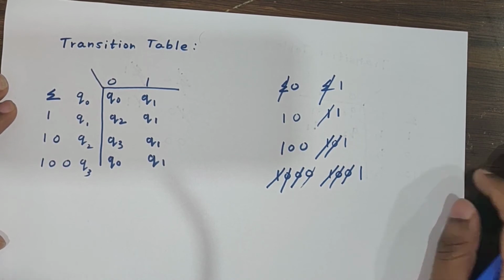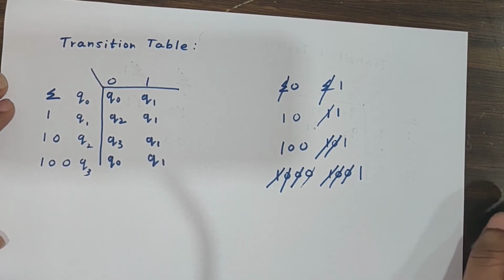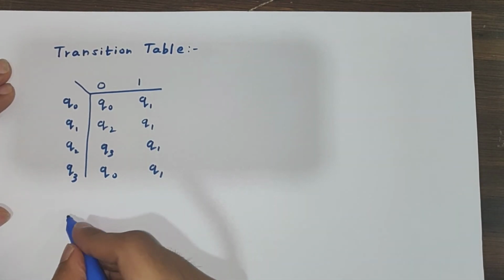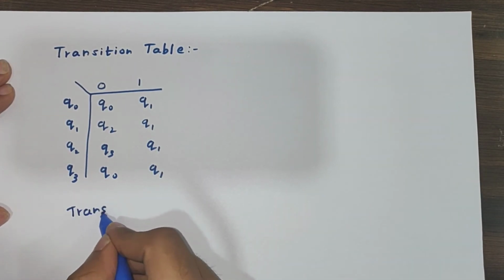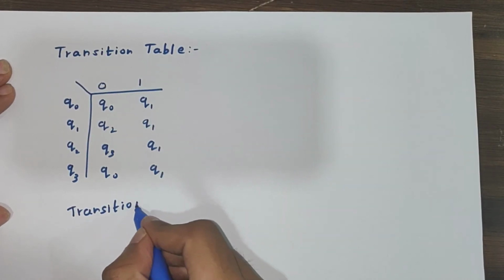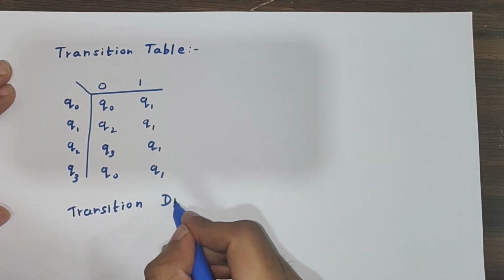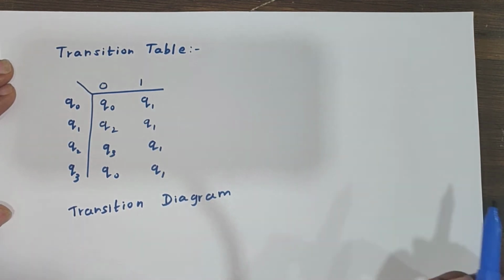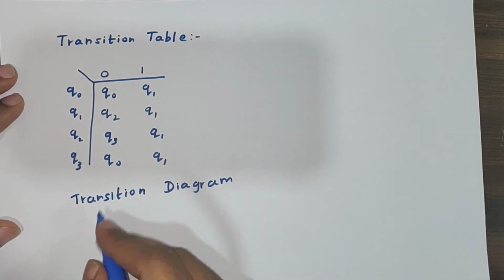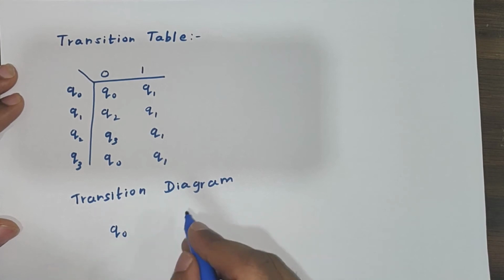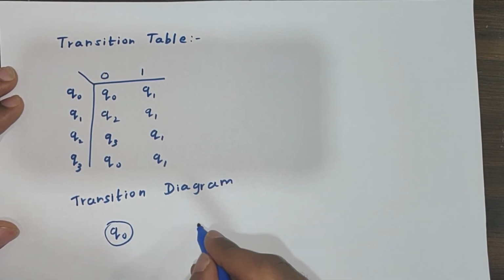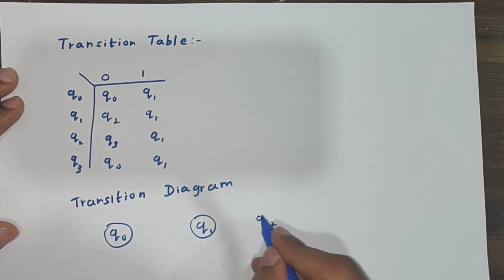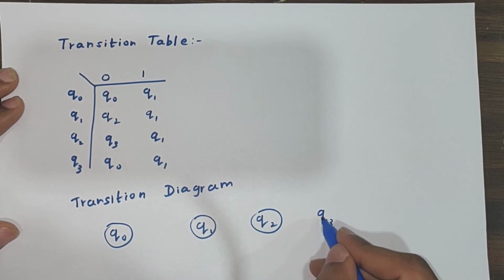With this, we can easily construct the transition diagram. It's very simple to construct the transition diagram after constructing the transition table. The states are Q0, Q1, Q2, and Q3.